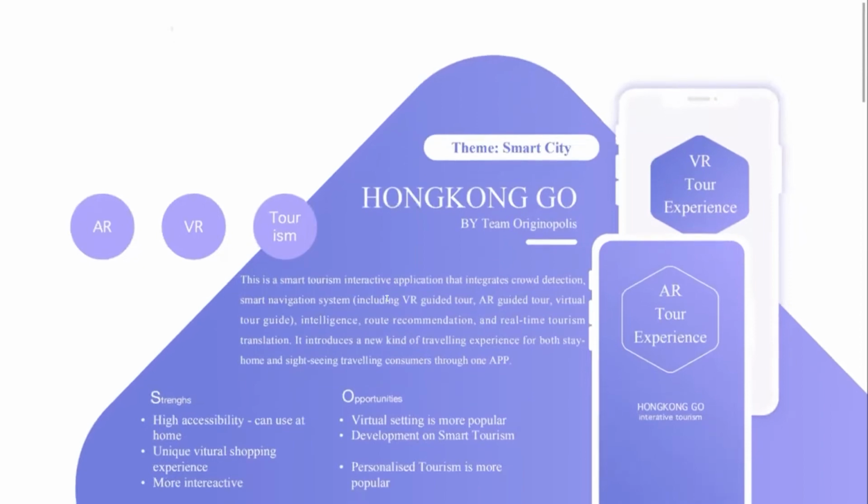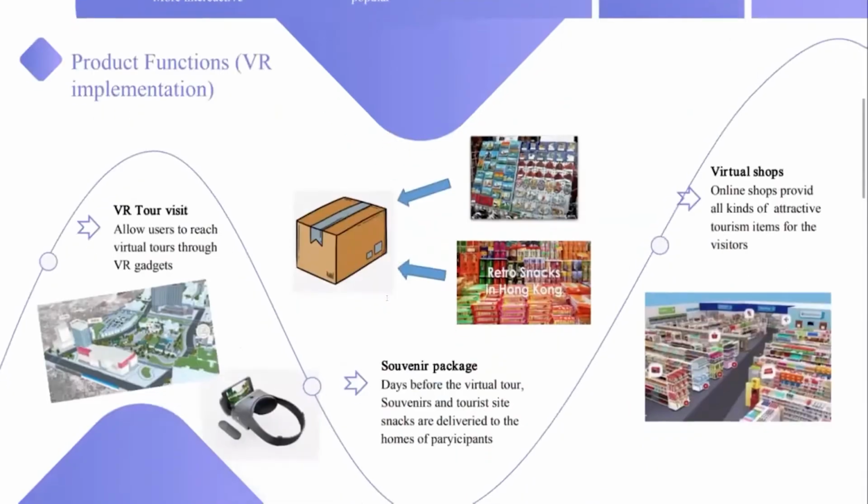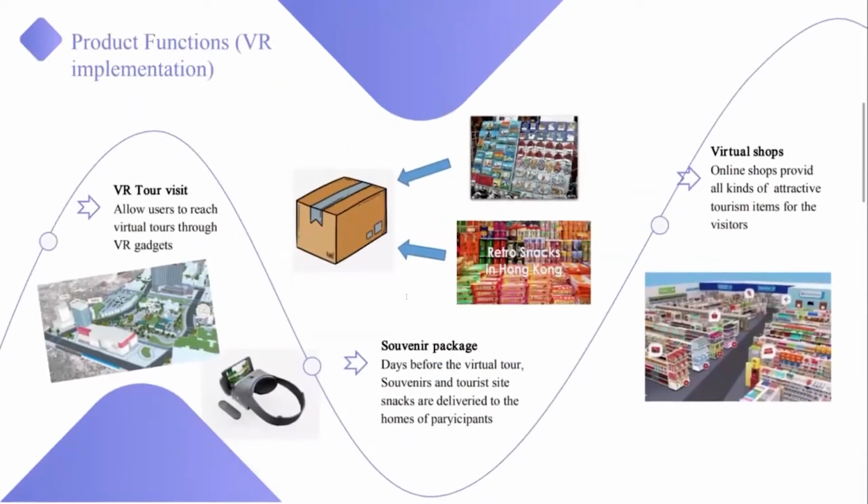Then let's come to the product functions. As I mentioned, the Hong Kong Go app has the virtual VR mode, which we think is the most worth mentioning. When plugged in with a VR headset, users can go into the virtual world through our app and enjoy a unique tour experience while staying home. It is like a real journey to everywhere.